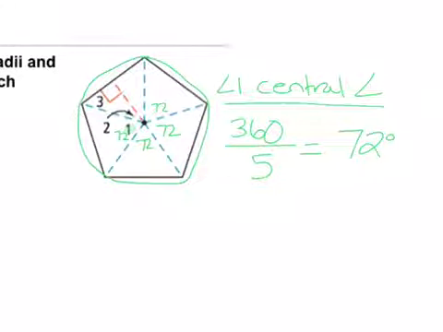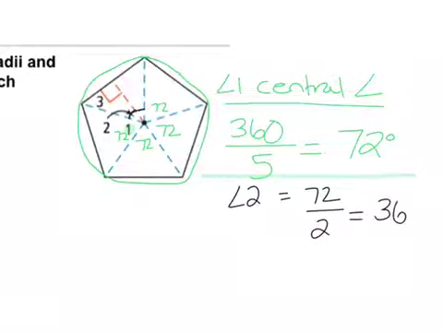Now next, I can go ahead and try to find angle 2. Because if you notice, angle 2 would be half of 72. So I'm just going to do 72 divided by 2 to get 36 degrees. So that's good. We got angle 1, we got angle 2, and now I'm on to getting angle 3.